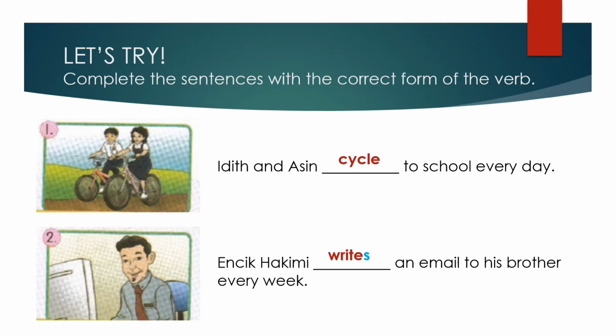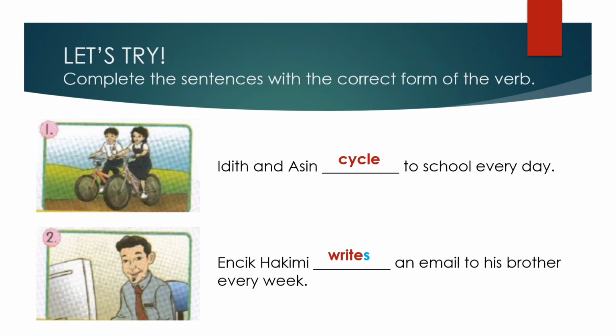Okay, now let's check again. For Edith and Asim, we use the verb cycle. We don't need to add s, es or ies because Edith and Asim, we can replace it with the subject pronoun they. So for they, if you remember, I, we, you, and they, the verb that we use remains in the original form.